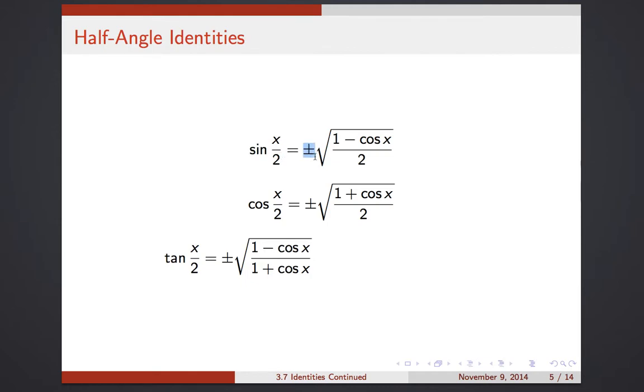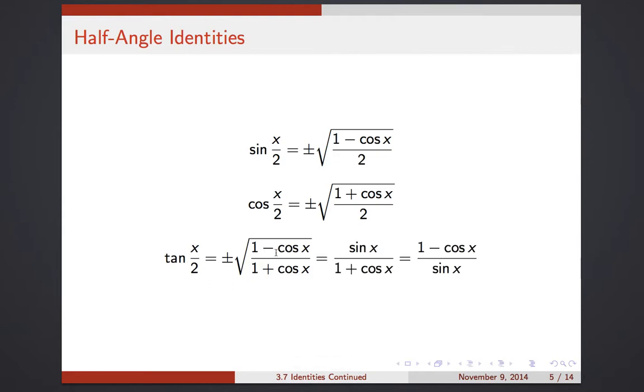So you would choose the negative square root. So the plus or minus is there just because of quadrant location. So you should decide what quadrant the angle is in first. In this case, the angle is x over 2, so think about what quadrant x over 2 is in to predict whether your answer should be positive or negative.